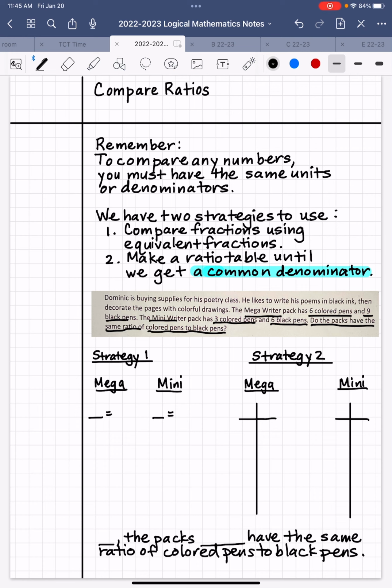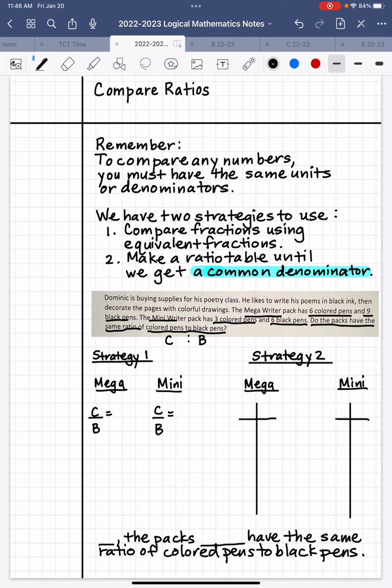The ratio we're trying to find is colored pens to black pens. So let's come up with a symbol for colored pens, C. "To" always translates to the colon. And then black pens is B. So we're looking for the ratio of C to B for both the Mega Writer pack and the Mini Writer pack. So for Mega and Mini, we're going to write C to B. So colored pens to black pens.